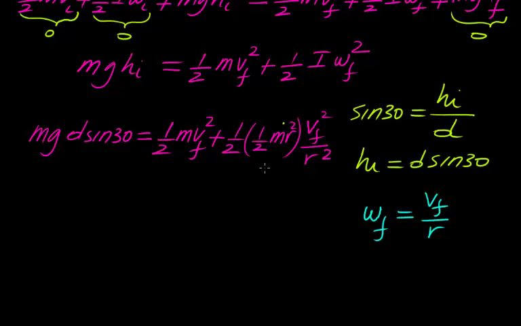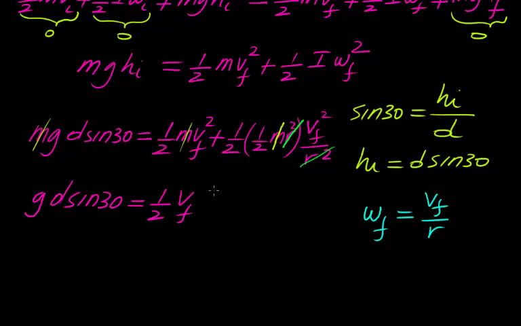Notice that the mass is a common factor, therefore it is going to cancel out. The r squared is going to cancel out here also. And the equation is now gd sine 30 equals 1/2 v final squared plus 1/4 v final squared.